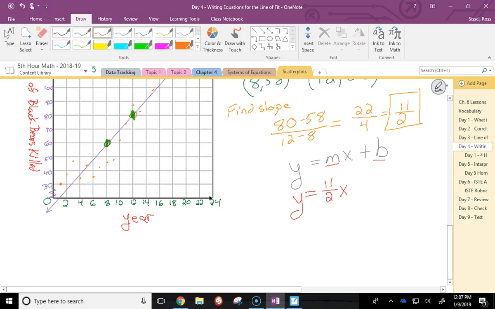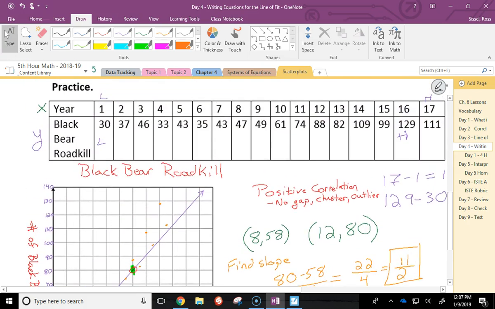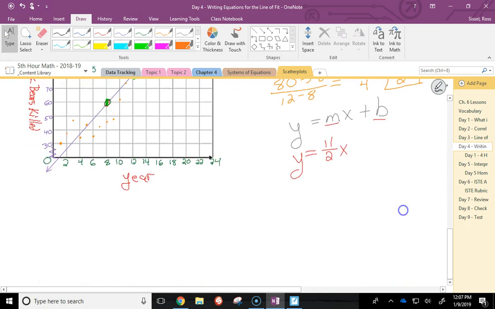Okay, it did because we had that little scale part. There's something else with our data. There is no 0 point. We started at year 1, so at year 0 we had nothing. So really, on ours, we would have had plus 0. We don't have to write plus 0. So my equation is y equals 11 half x.